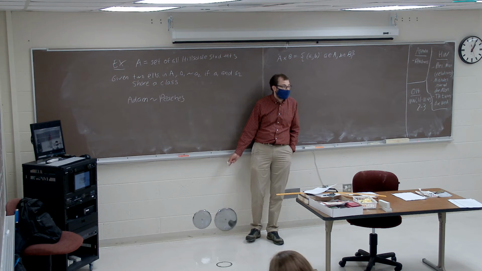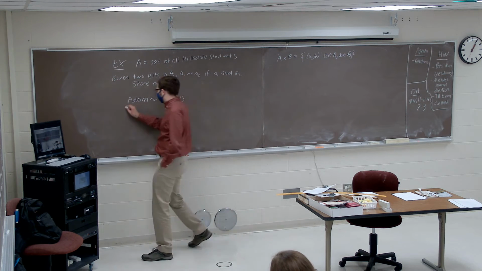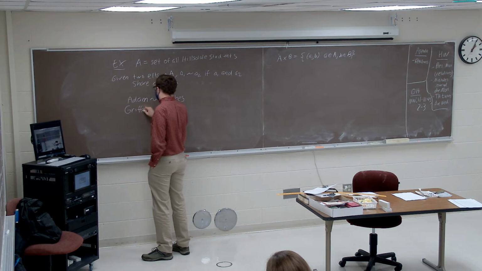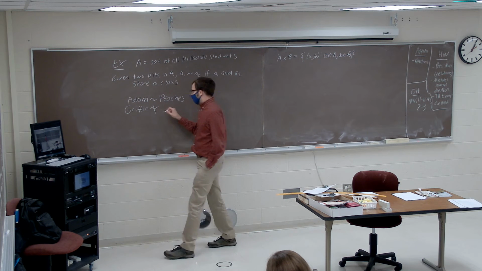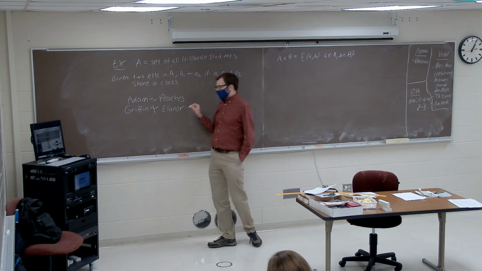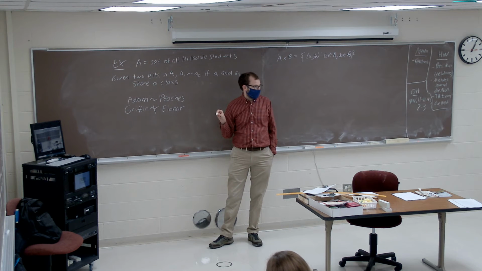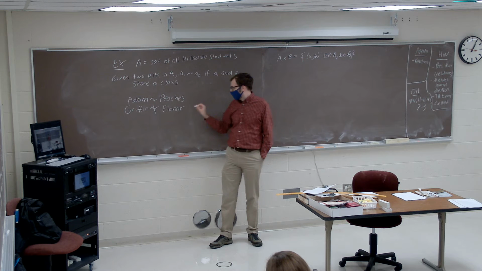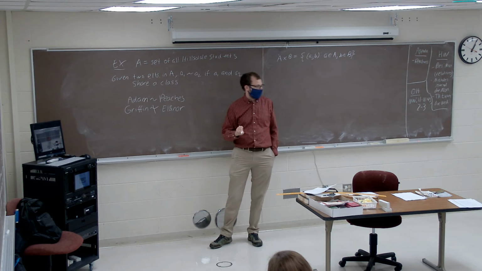Griffin, give me a student at Hillsdale College that you are not in a class with. Eleanor. So we could similarly say Griffin is not related to Eleanor. Am I spelling that right? I think that there's another E in there. Yeah, perfect.